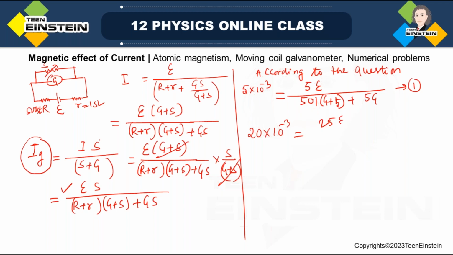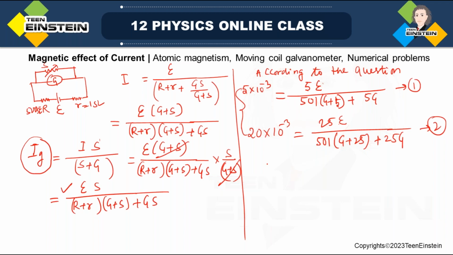So 25 into this divided by, again this factor is G plus 25 plus 25 into G. If we take the ratio, then E will cancel each other.